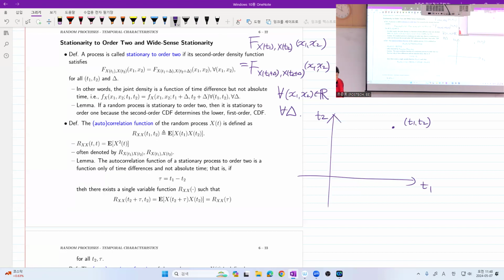And what does stationary to order 2 mean? From this point, your arbitrary choice, you draw a line with slope 1. Then, what are the commonalities of the points on this line with slope 1?